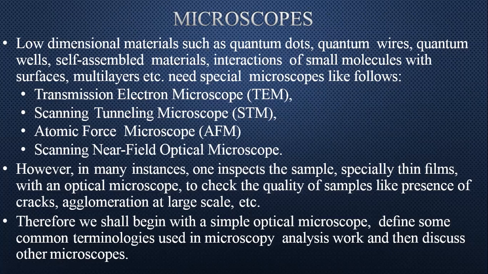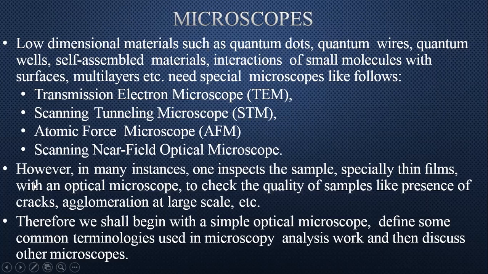The next one is the scanning tunneling microscope, that is STM. The next microscope is the atomic force microscope, abbreviated as AFM. The next one we can use is the scanning near field optical microscope, abbreviated as SNOM.